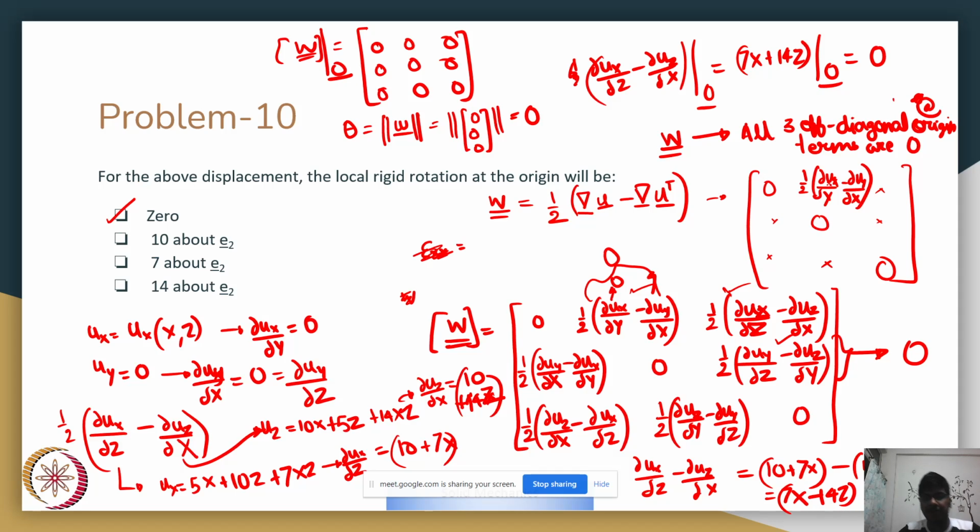At the origin, we can say that the rotation is 0. Is this okay, or do you have any doubts here? No, sir. Okay, and since the magnitude of rotation is 0, obviously we cannot say anything about the direction, right?